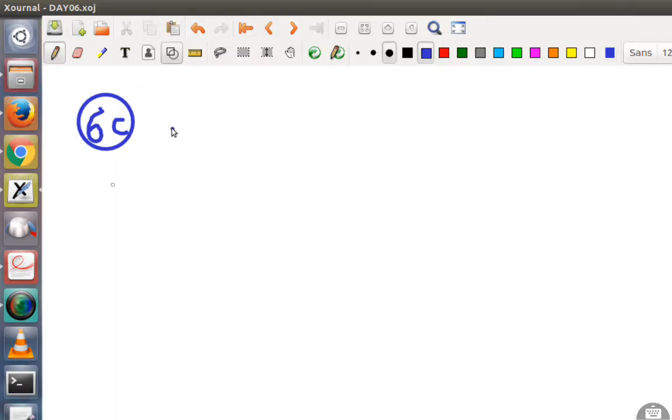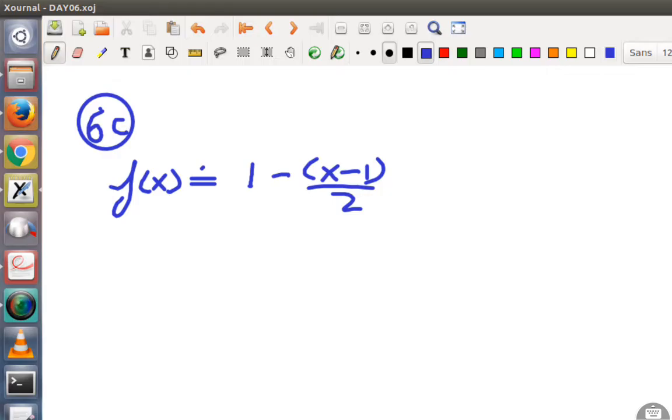All right, so f of x can be approximated by 1 minus (x minus 1) over 2 plus (x minus 1) squared over 8.